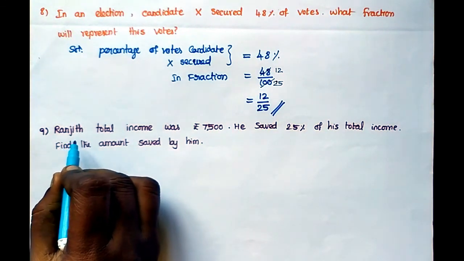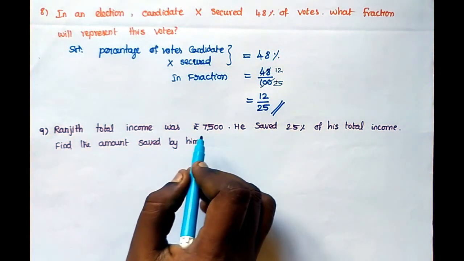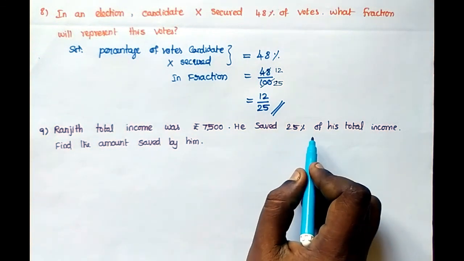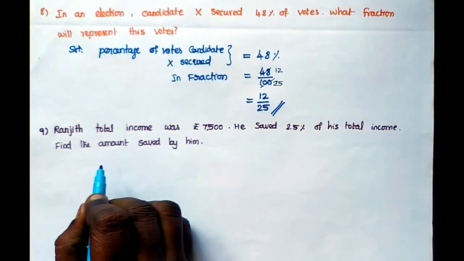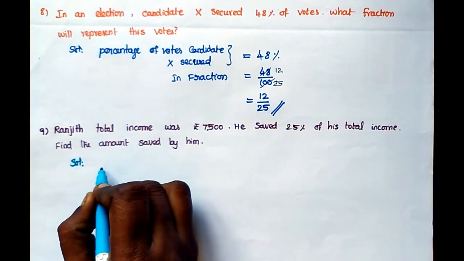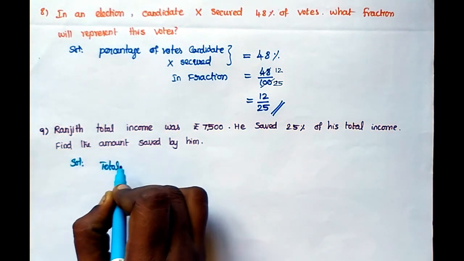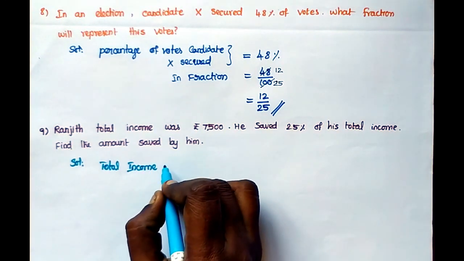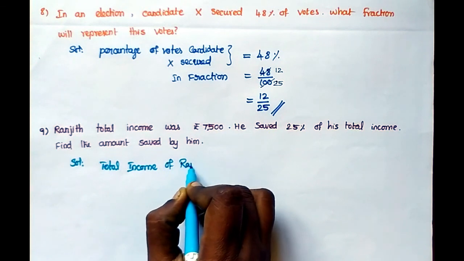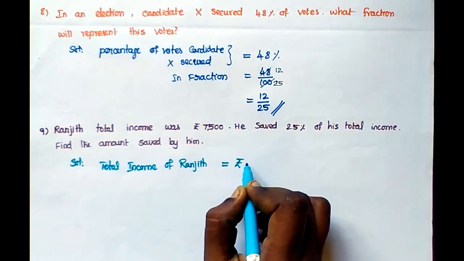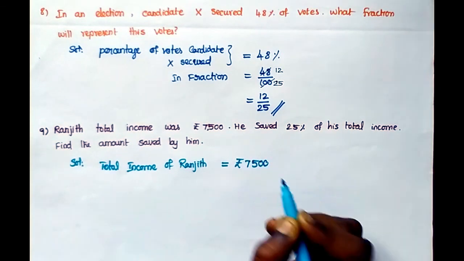Ninth sum. Ranjit's total income was rupees 7,500. He saved 25% of his total income. Find the amount saved by him. Listen. Total income of Ranjit equal to rupees 7,500.